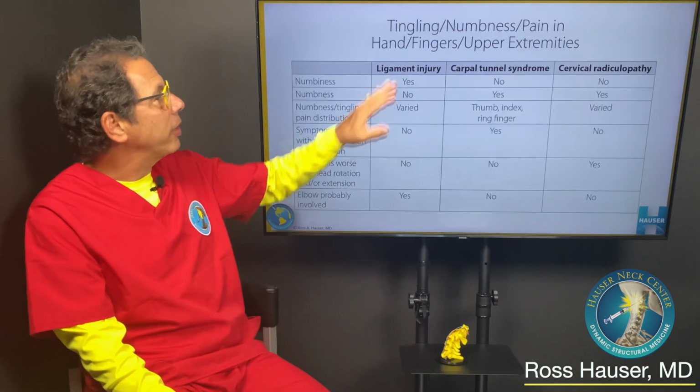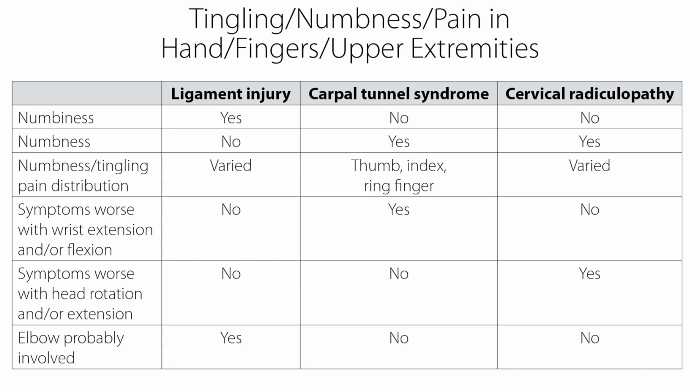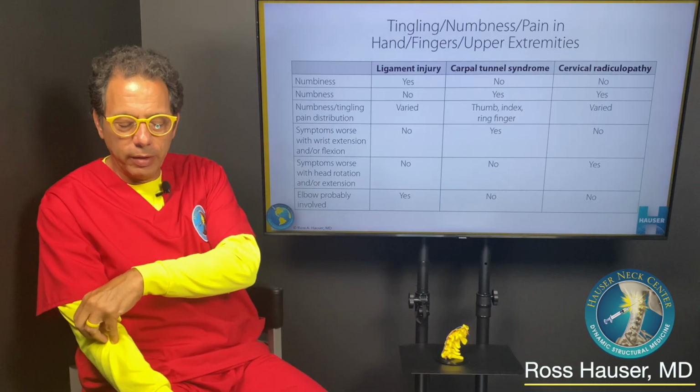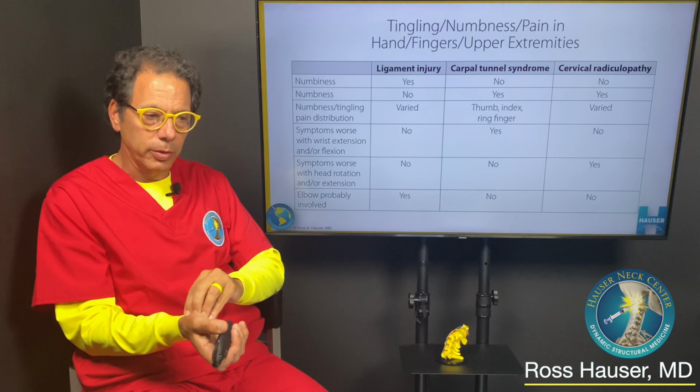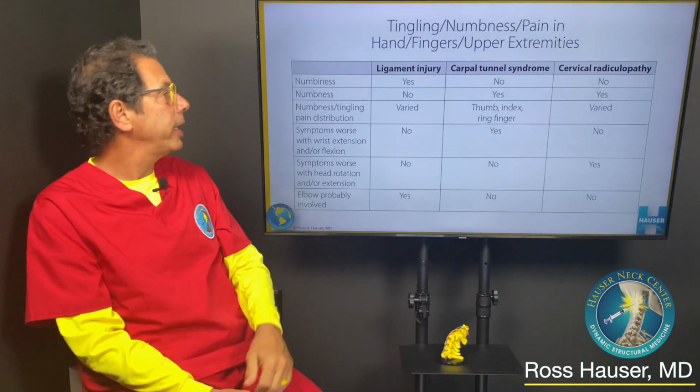What can also cause hand numbness is cervical radiculopathy, or pinching of the cervical nerve. This graphic distinguishes between numbiness from ligamentous injury, carpal tunnel syndrome, and cervical radiculopathy.